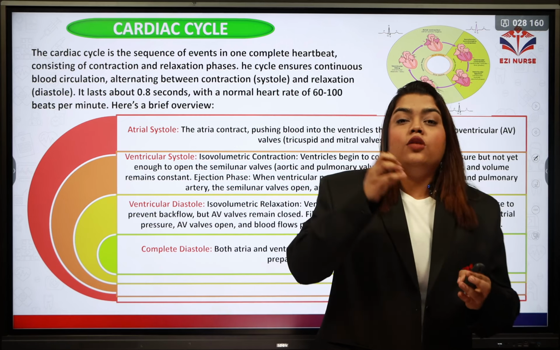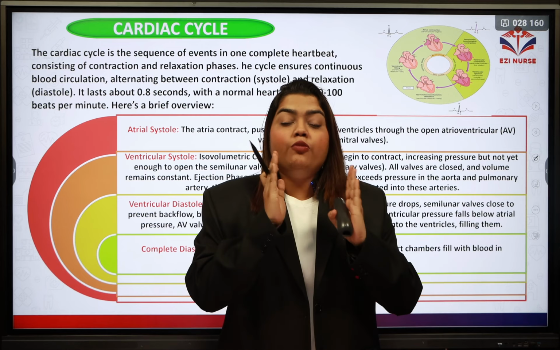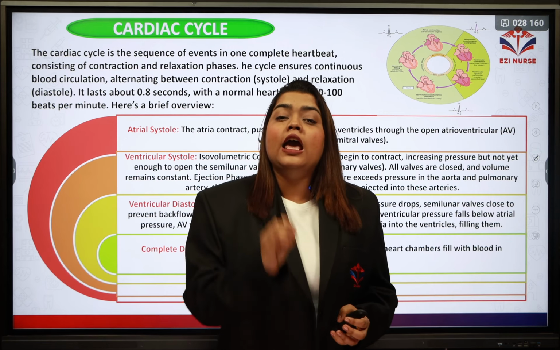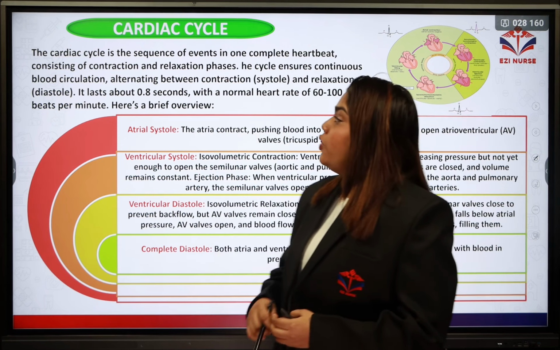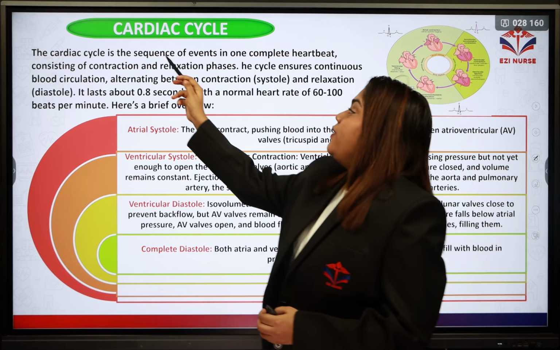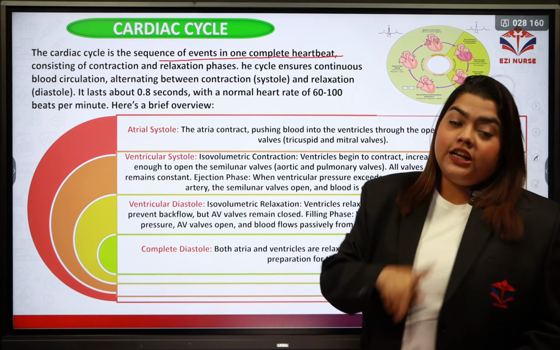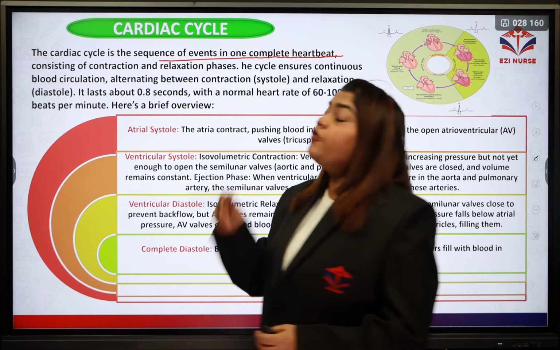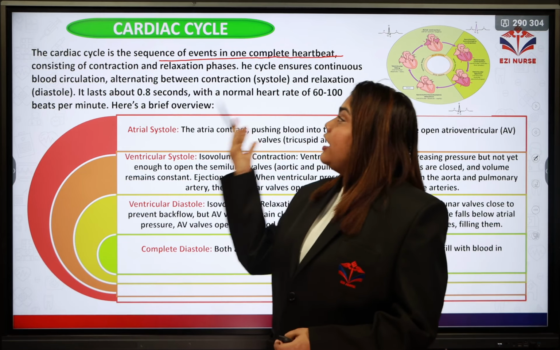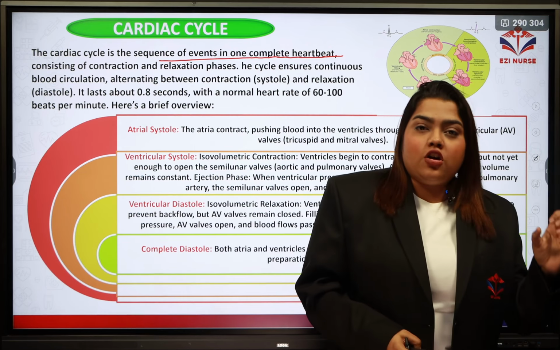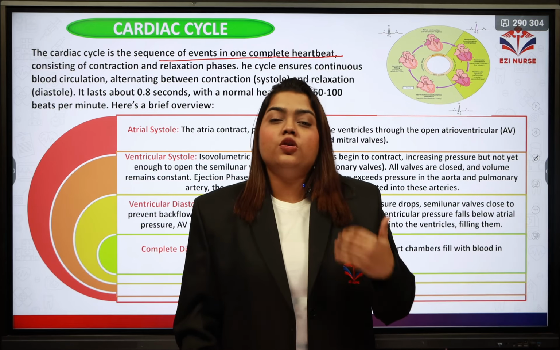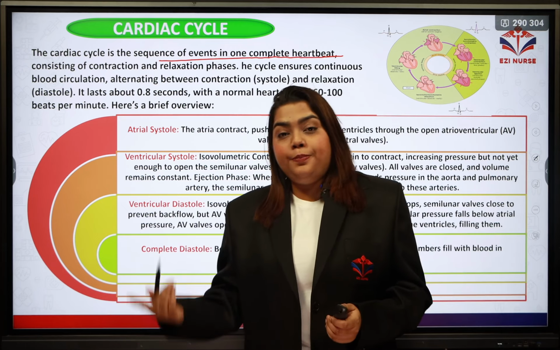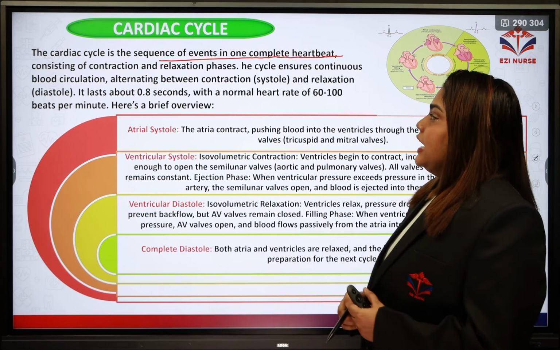It is the time period in which one heartbeat is completed. This main definition consists of a contraction and a relaxation phase. The steps involved from one contraction to one relaxation, making one heartbeat, are called the cardiac cycle.